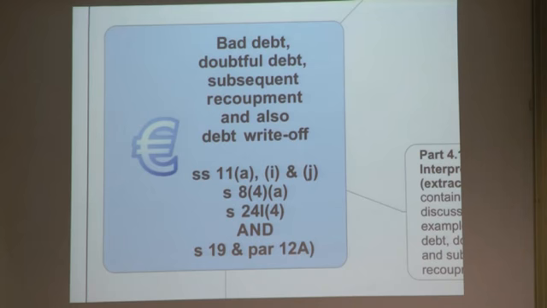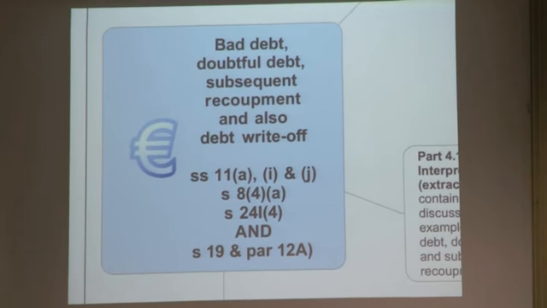Okay. What is 11J? Doubtful debt. Now, with doubtful debt, you know that normally SARS gives you 25% of your list. So whatever you do for accounting, they normally only give you 25%. But if you read 11J, it doesn't say 25% in the legislation. You will never find it there. It says, depending on the commissioner's discretion. So for test purposes, I will normally tell you what was allowed by SARS.